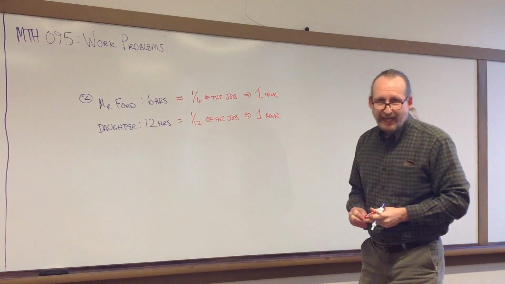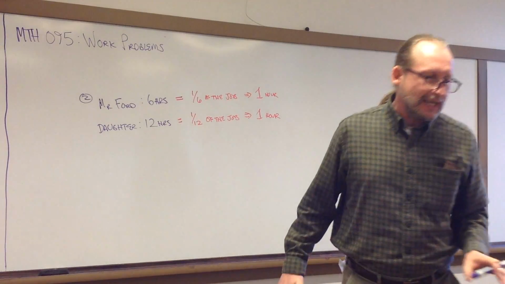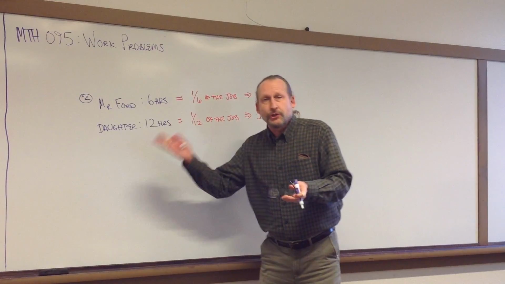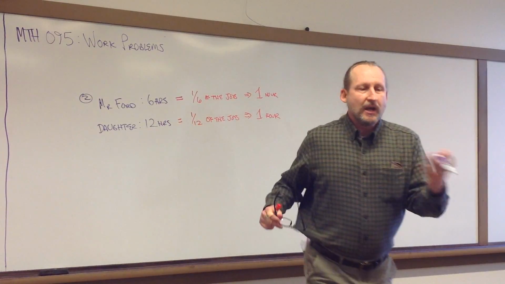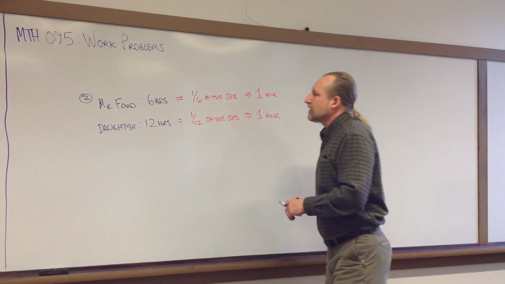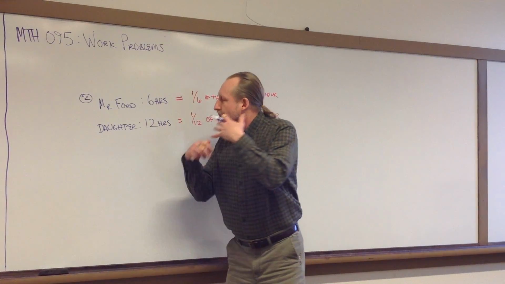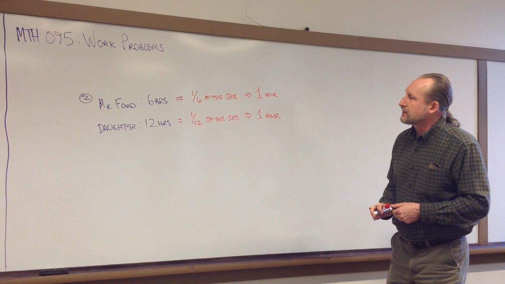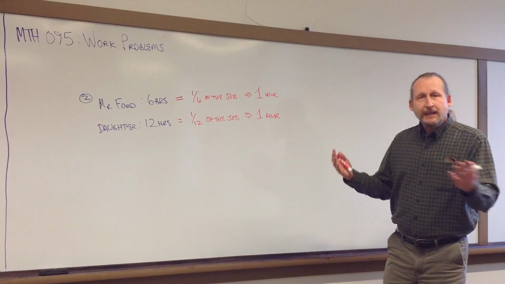So every hour, and this is what the problem is asking, how many hours will it take if they work together? Well, it should take less time. Mathematics, of course, doesn't always model with perfect accuracy what's going to happen in the real world. But as I always like to tell people, is it better than nothing? Yes, it is.